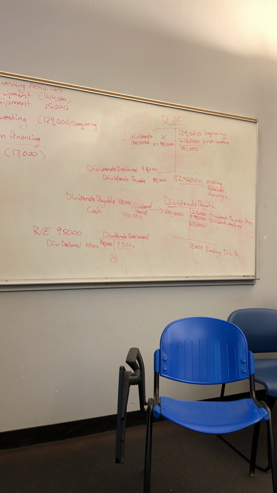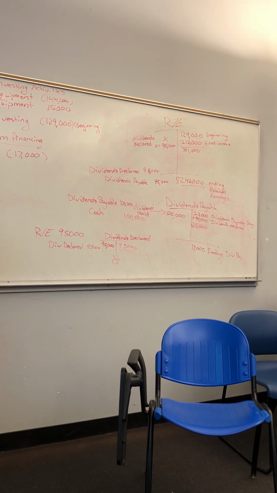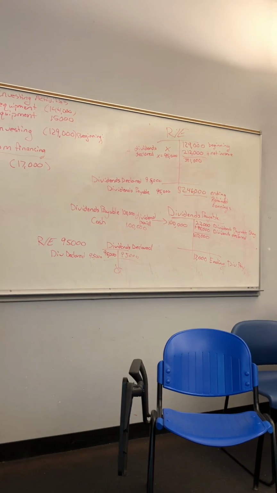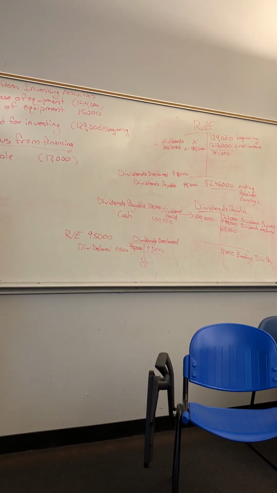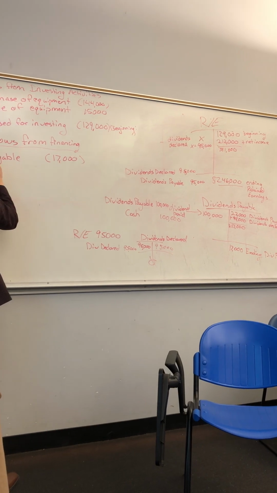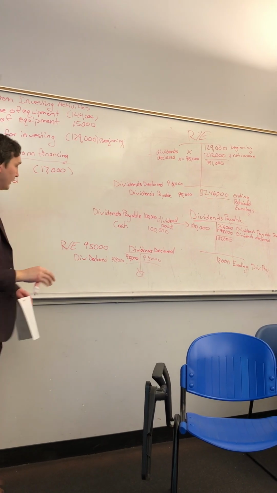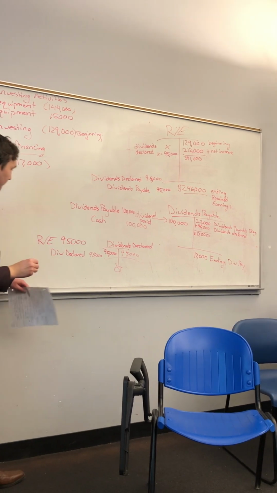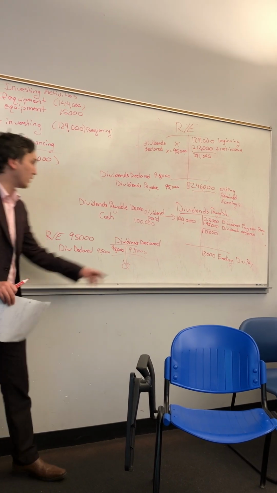Okay, so loan payable was 17,000. The next step was, what was it, dividends paid? So at the end of the year, we always have the closing entry for dividends declared. At the end of every single year, if we have any balance in dividends declared, we've got to bring it to zero.